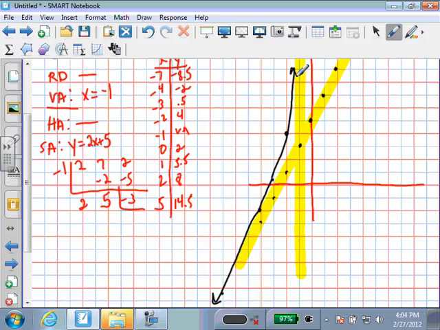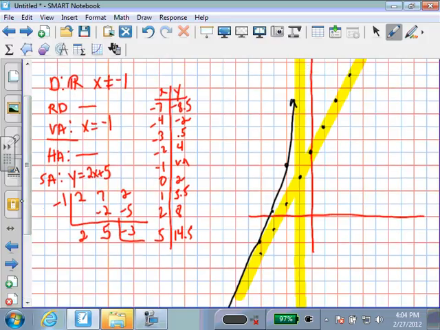And again, get more points if you need them. And on the other side, we have 0 is at 2. 1 is at 5.5. 2 is at 8.